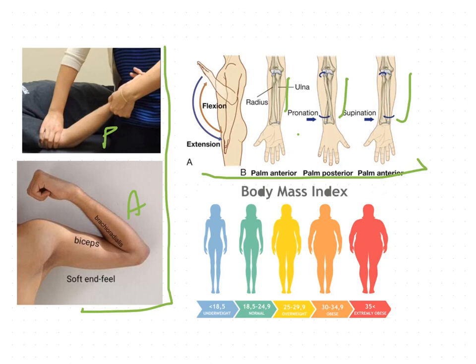Another one is the body mass index, and also the position of the shoulder. So all these factors determine the amount of motion that is available at the elbow joint.